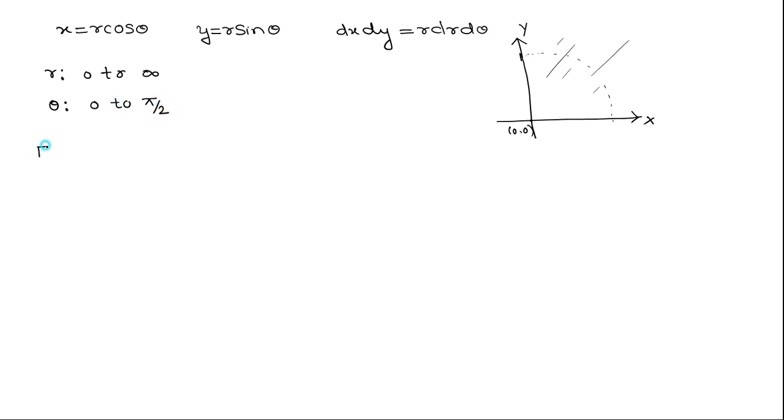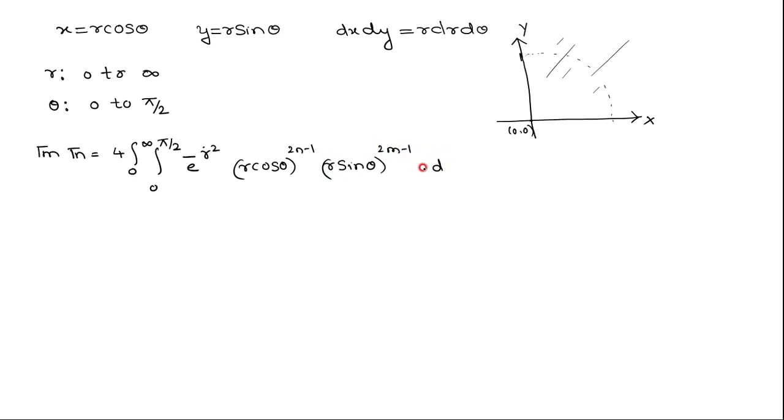Therefore, gamma of m into gamma of n is 4 times integral 0 to infinity, integral 0 to pi by 2 e raised to minus r square, with x value r cos theta raised to 2n minus 1, and r sin theta raised to 2m minus 1, and dx dy is r dr d theta.